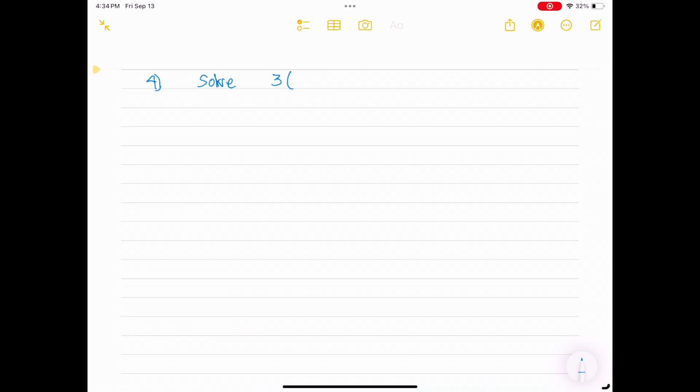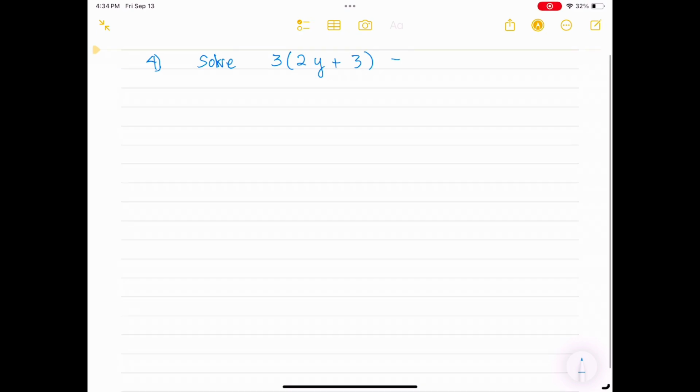Example number 4. Solve 3, open parenthesis, 2y plus 3, close parenthesis, equals 4y minus 7. Since the terms within the parenthesis cannot be simplified any further, the next step is to use the distributive property to remove the parenthesis.